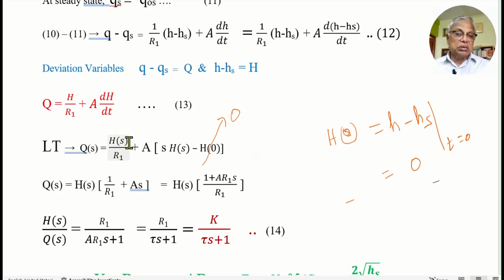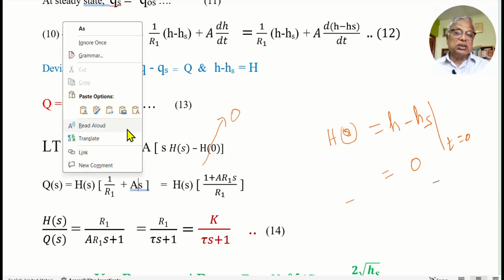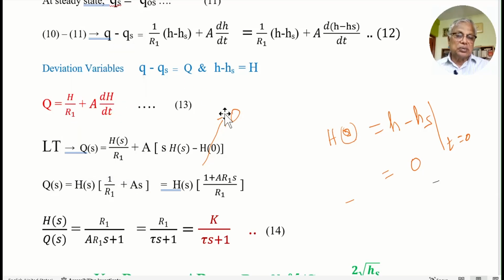So remaining terms you simplify. Q of s equal to, this simplification is easy to understand here. H of s taken common, 1 by R1 plus s equal to this. Take H of s common and rearrange, you get H of s by Qs equal to R1 by AR1 s plus 1, that is K by tau s plus 1, first order form.